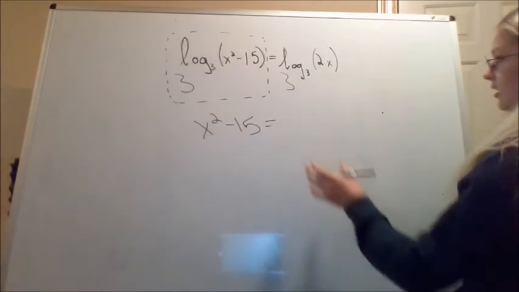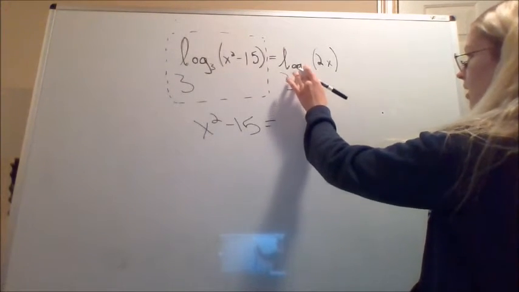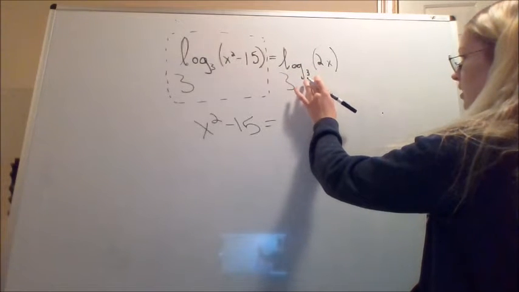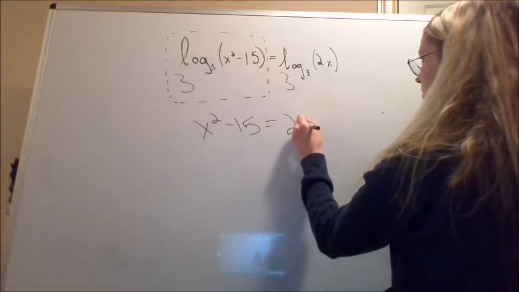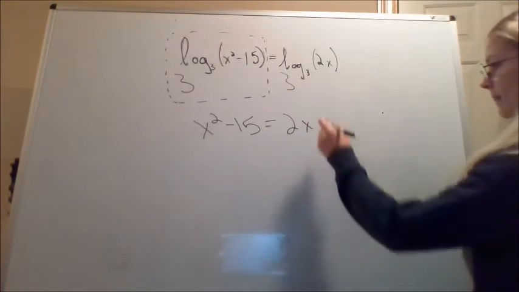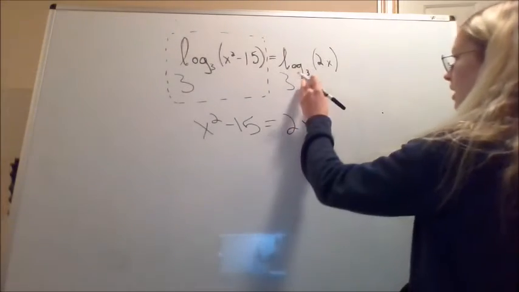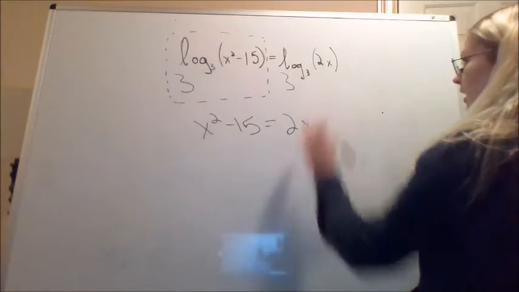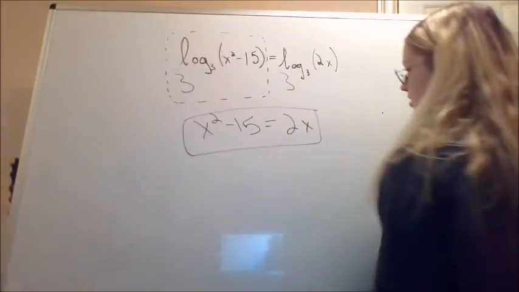Very simple. Over here, we are taking 3 to the power which will take 3 up to 2x. So we're going to get 2x here. And we don't know what the power is, but we know that it will make 3 turn into 2x. So this is our simplified equation here.